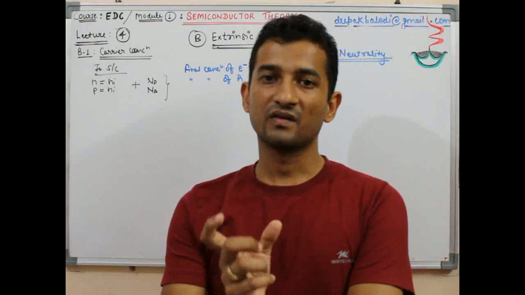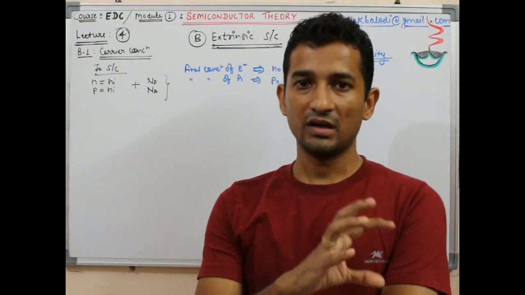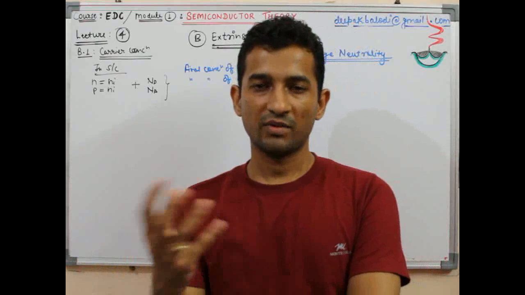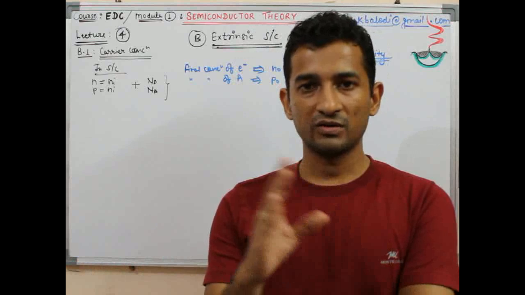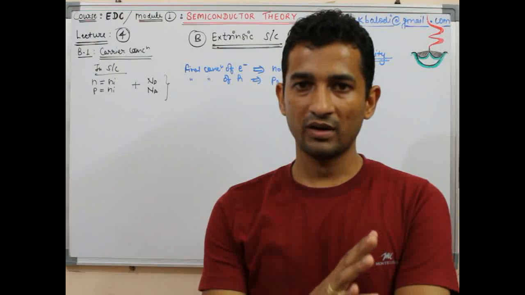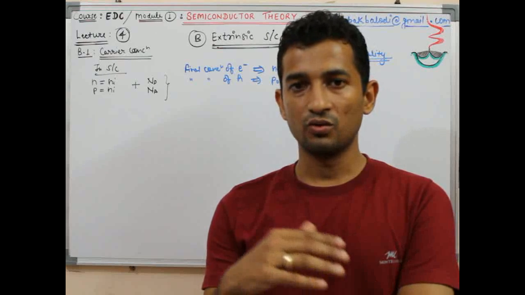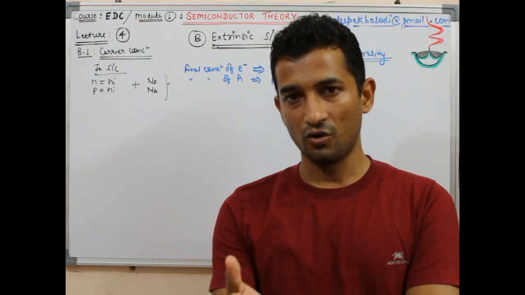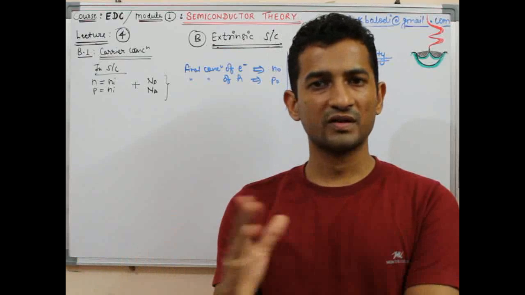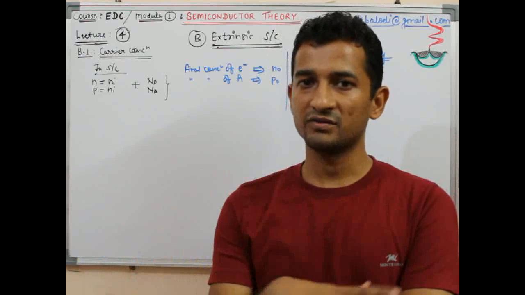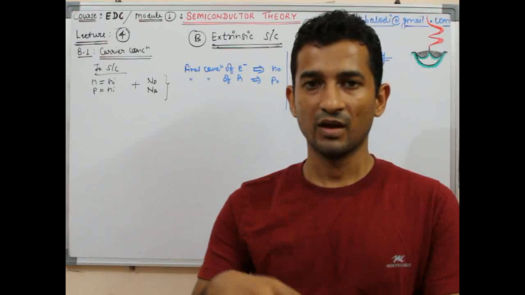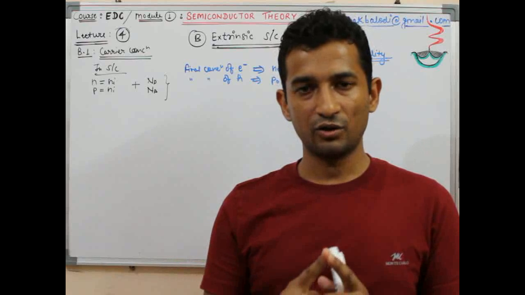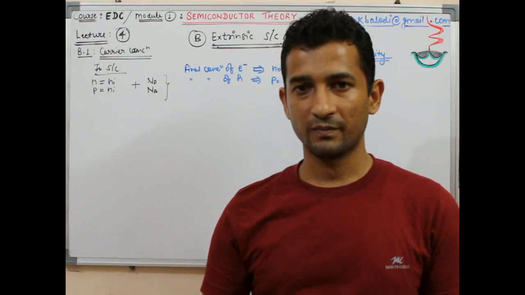Actually, an intrinsic semiconductor has either all neutral atoms, or some electrons and holes, but because holes and electrons are always equal in amount in intrinsic, and whichever atom has donated an electron, the same number of atoms have donated holes as well, in all respects the net charge within the intrinsic semiconductor will remain the same. So an intrinsic semiconductor piece in totality is always neutral.